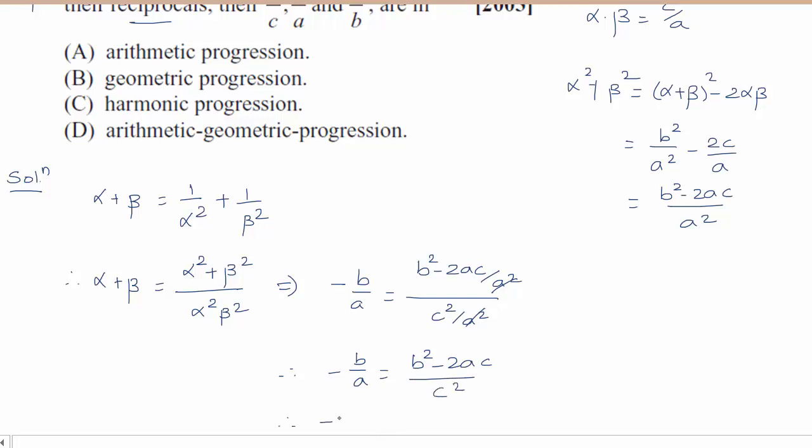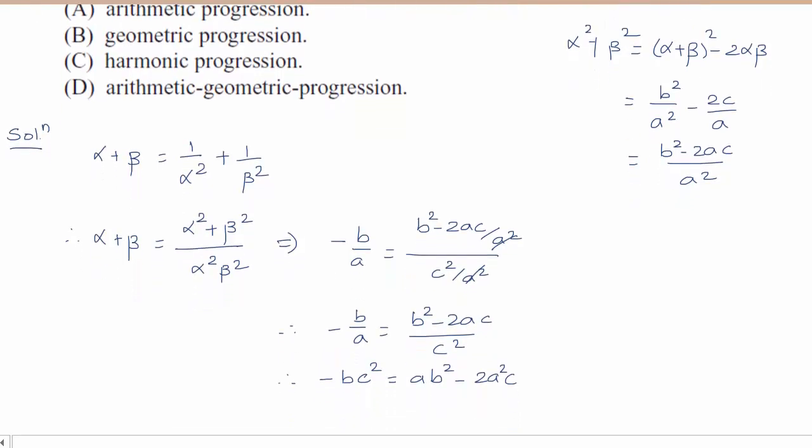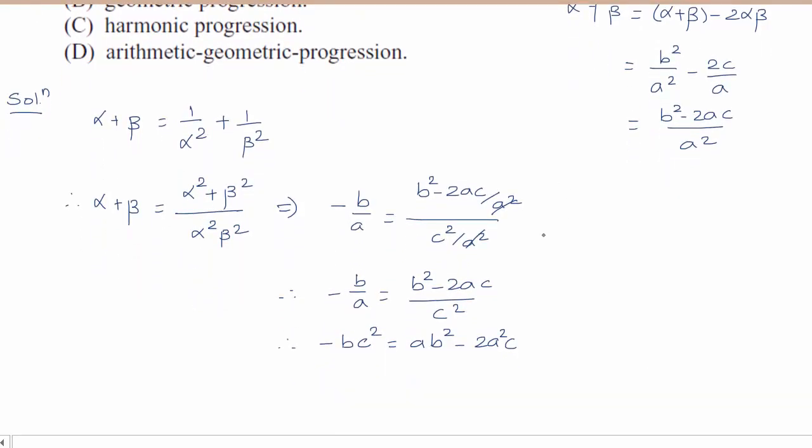On cross multiplying we get minus bc square is ab square minus 2a square c. Now if we shift the terms, I will take 2a square c on one side equal to ab square plus bc square.